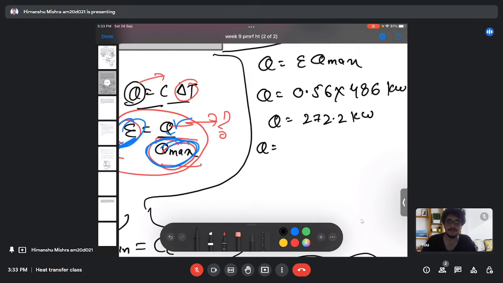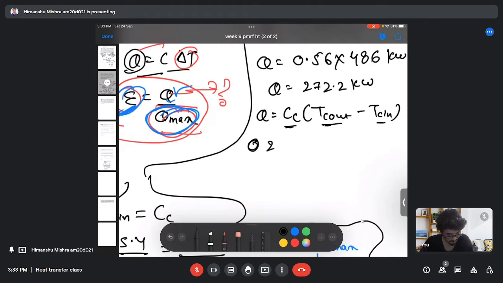Just a standard heat transfer relation. So if we want to find the temperature of outlet of the cold fluid, I will be using the heat transfer relation for the cold fluid. So it is basically the difference of temperature of outlet of cold fluid and inlet of cold fluid times my heat capacity of the cold fluid. So we need to find the outlet temperature of the cold fluid.